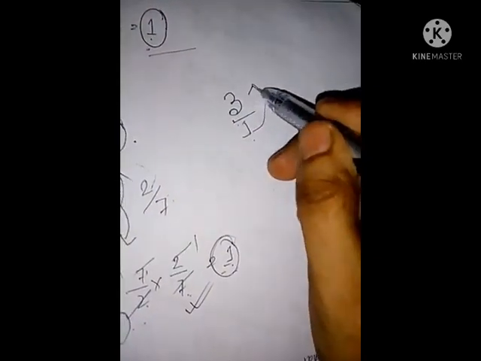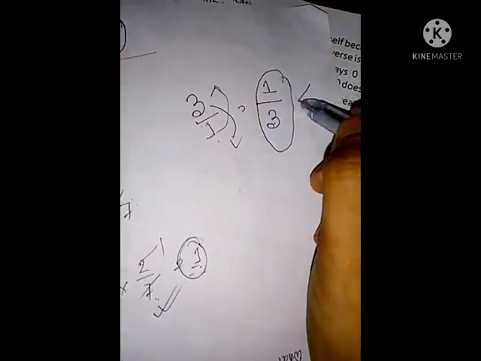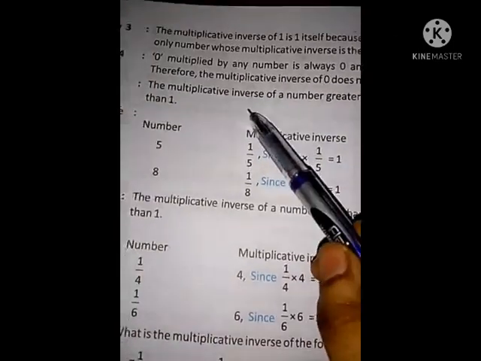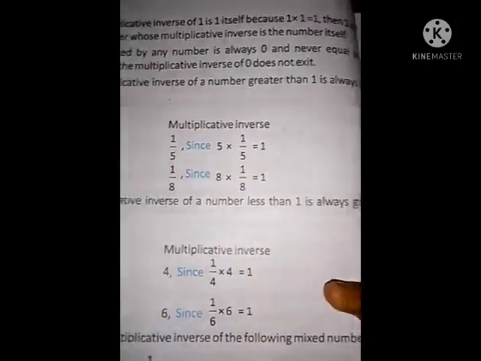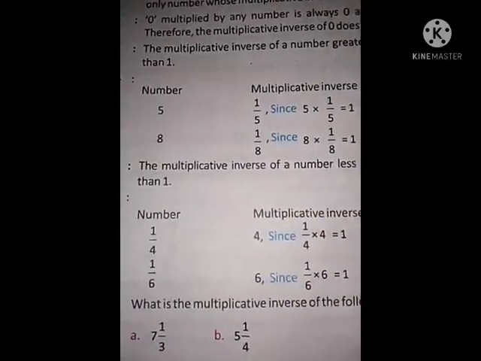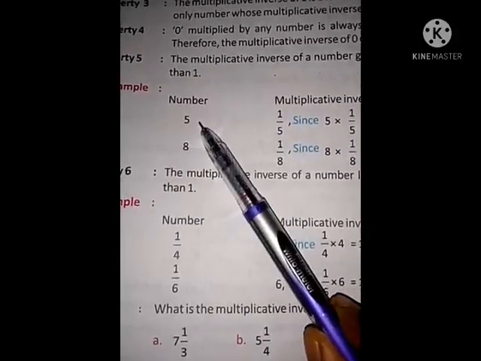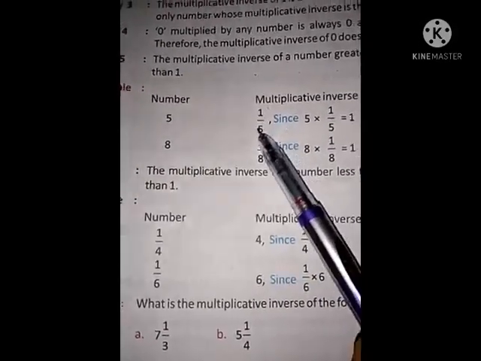Just reverse this. So the multiplicative inverse of 3 is 1 by 3, which is smaller than 1. Hence the multiplicative inverse of a number greater than 1 is always less than 1. Here the number is 5 and its multiplicative inverse is 1 by 5.